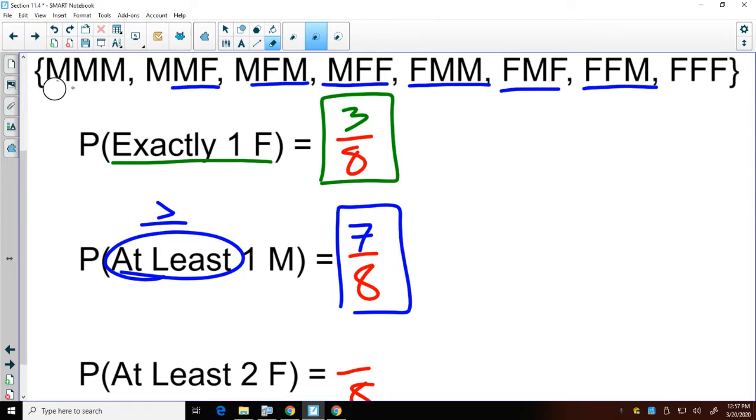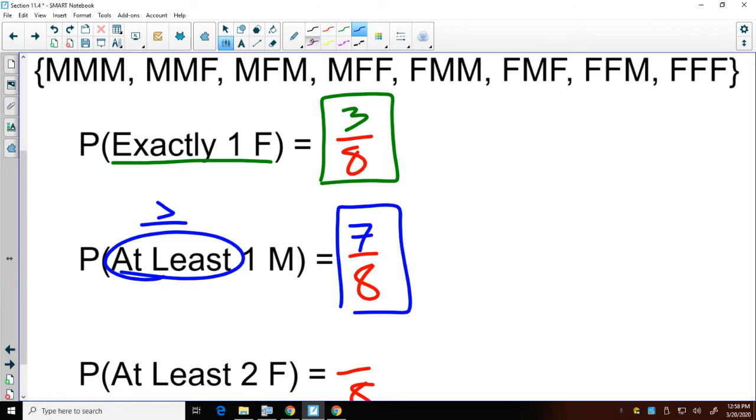All right. So one more here. At least 2 females. At least 2 females. So again, we just talked about the at least one male. 2 females should be pretty easy. So if we come up here and take a look at least 2 females.